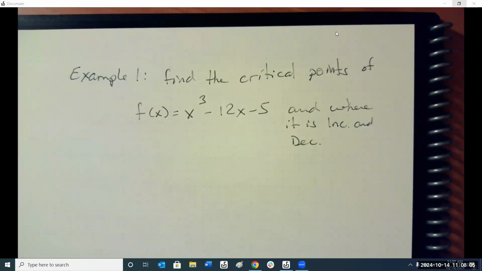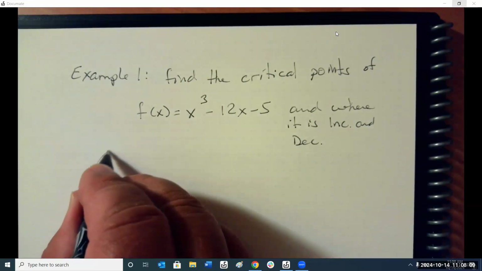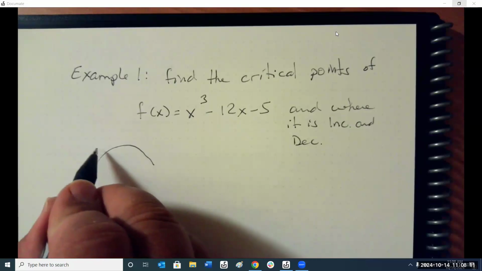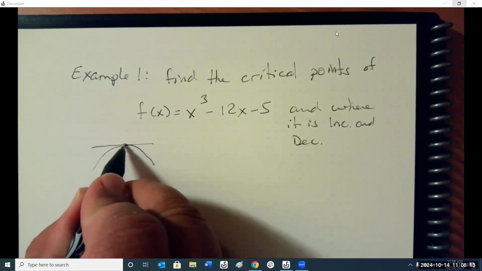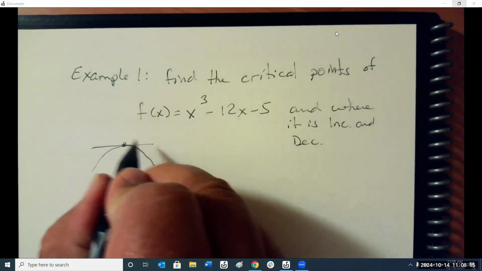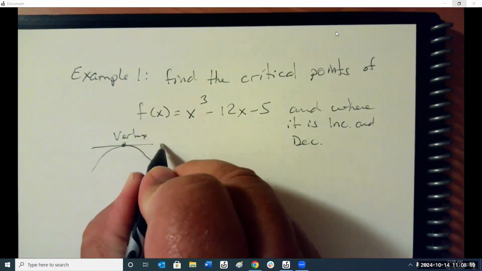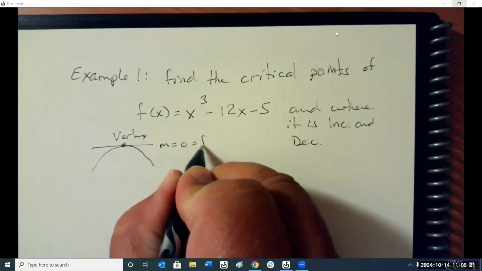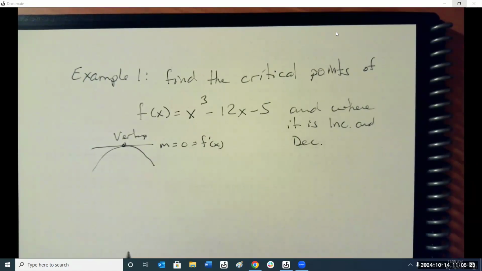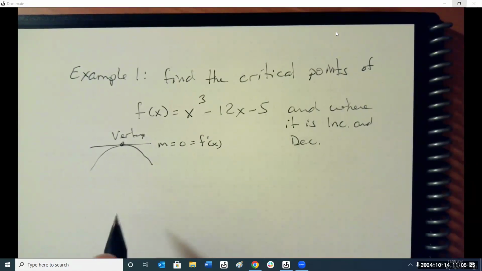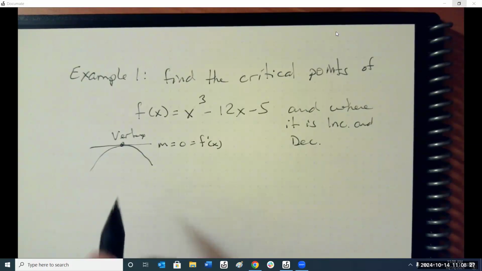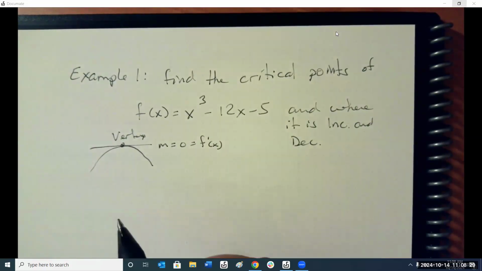Because if you have something that has a slope of 0 at this point, your vertex, you have the slope equals 0, which is your first derivative. We can tell at this point, now is it a maximum or minimum?